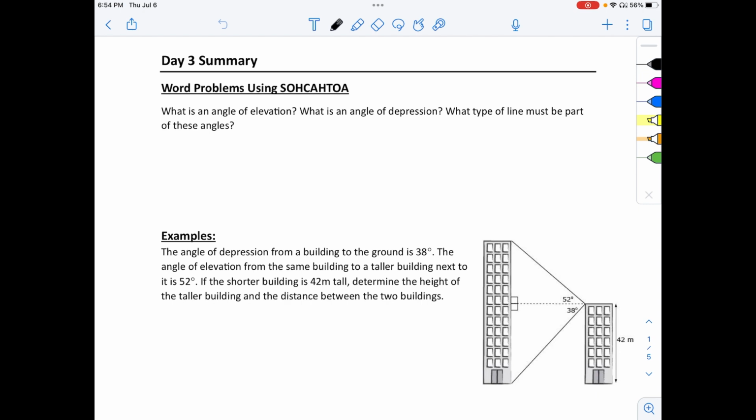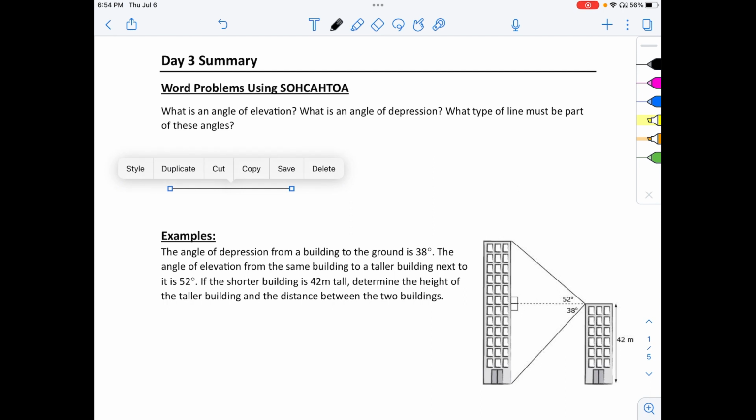The first definition that we need to know to be able to set up and solve these diagrams is the angle of elevation. The angle of elevation looks like this if we had a horizontal line and then we had another line almost directly on top of it.